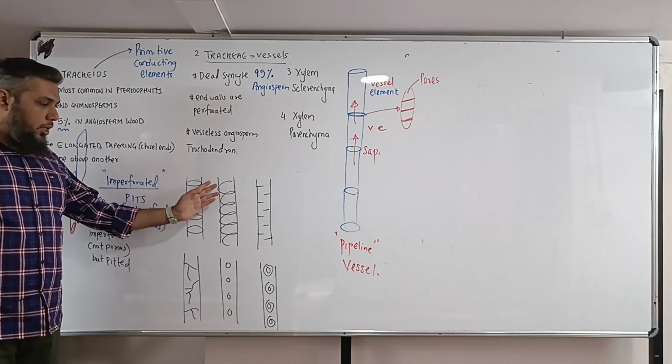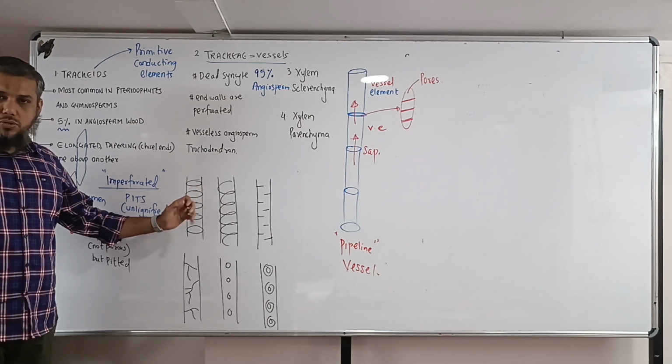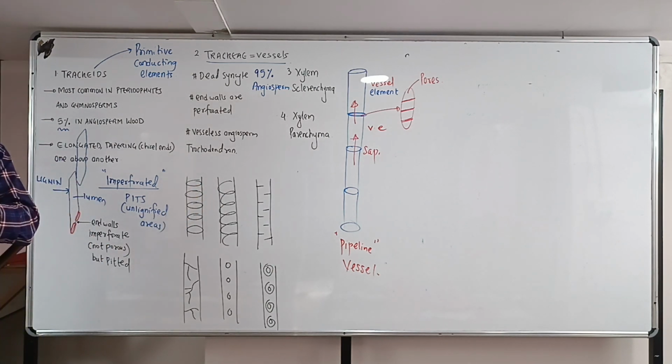Now, the inner walls show depositions of lignin in a very specific pattern. Like if you look at this water bottle, the depositions of plastic are in a particular pattern. Like this is the pattern. Some of you may have some other pattern on the wall of the plastic. Understood what I'm talking about?